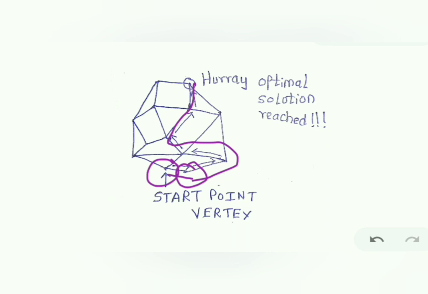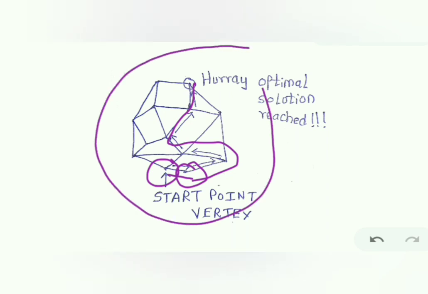Understand, this polytope is going to have some limited vertices. So obviously you have some hope that after some time you will reach the maximum solution, and with that hope you start the simplex method, and yes, you achieve it.